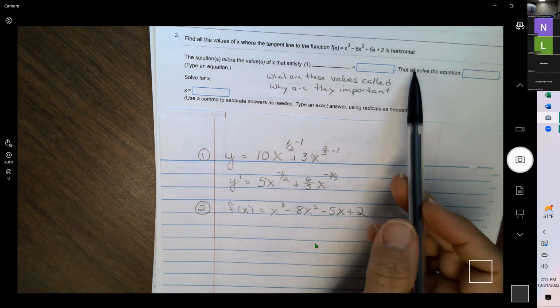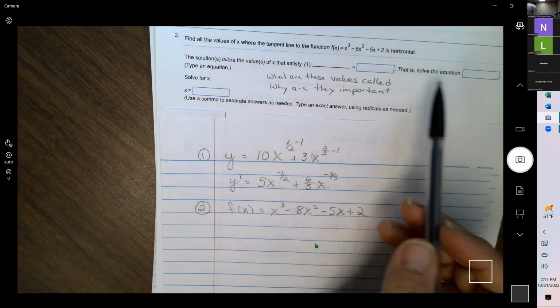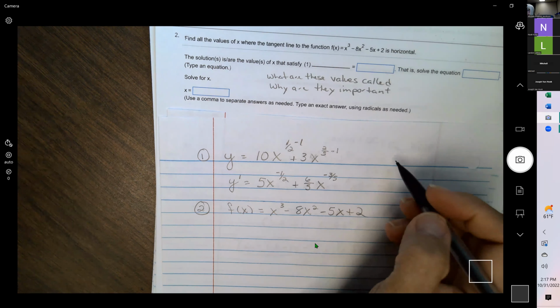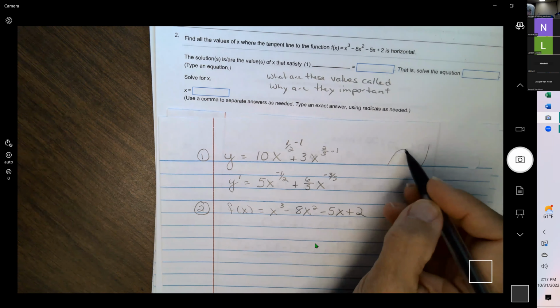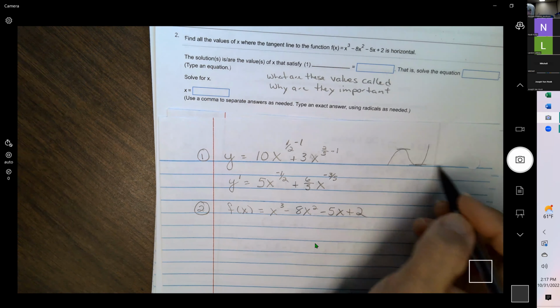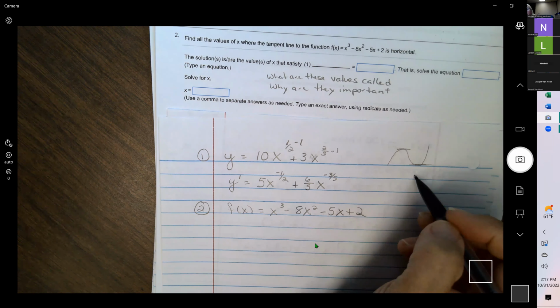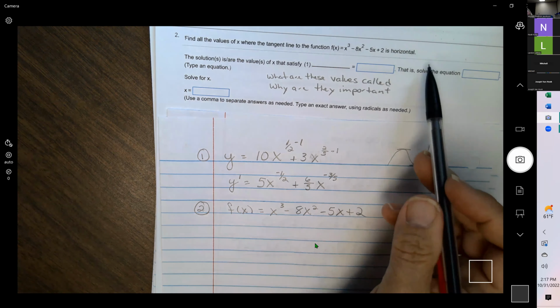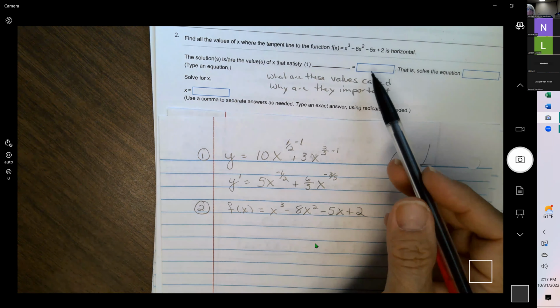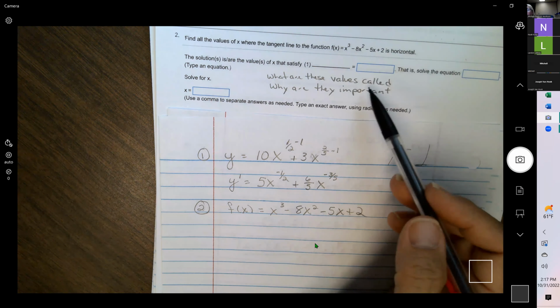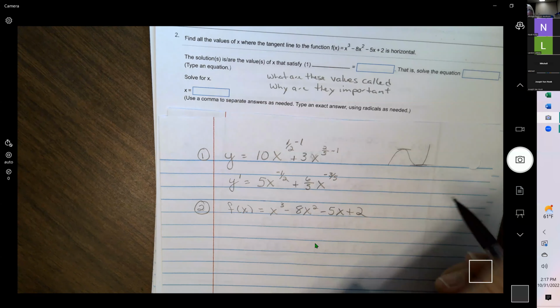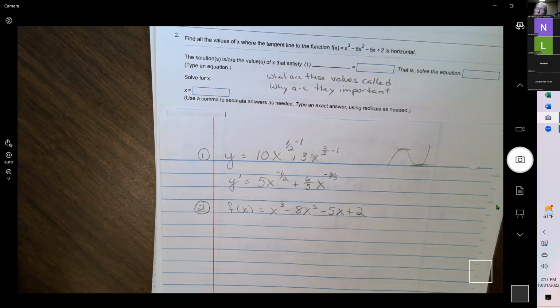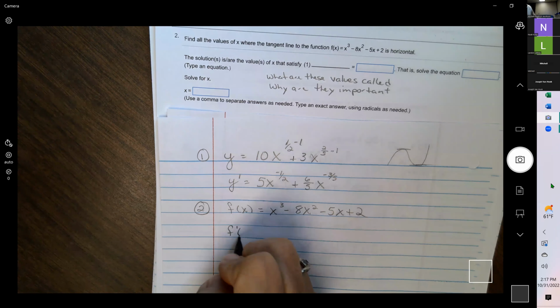They want to know where the graph is horizontal. That's when your slope of the tangent line is 0, because that's where your highs and lows are. So where it's horizontal, you take the derivative and then set it equal to 0. So we need to take the derivative.